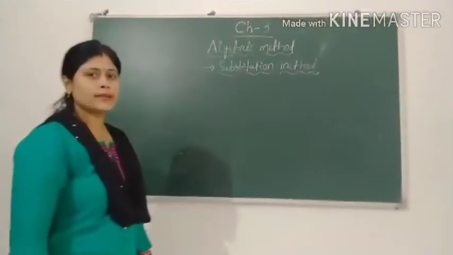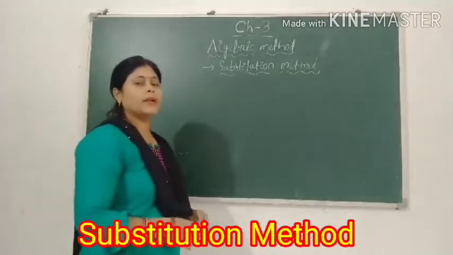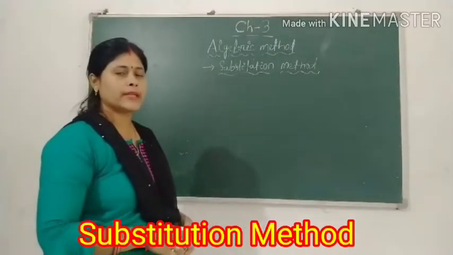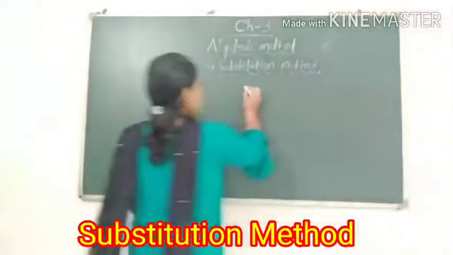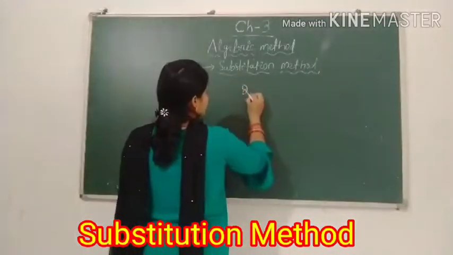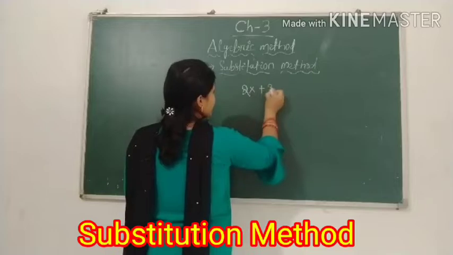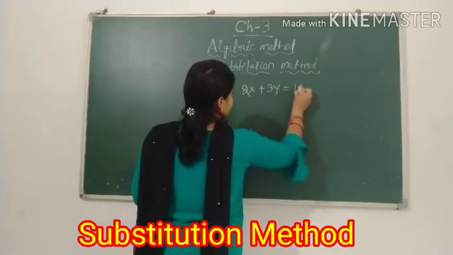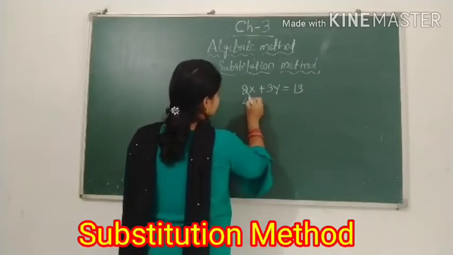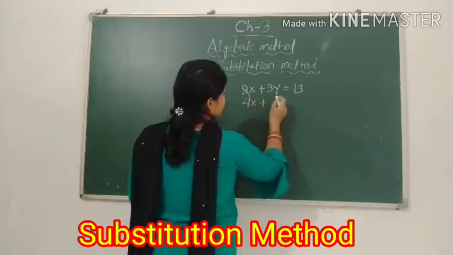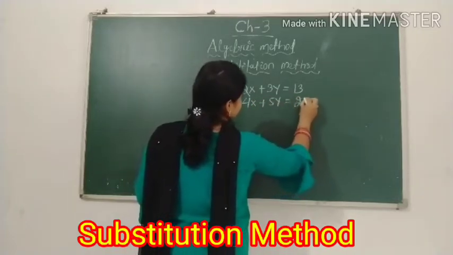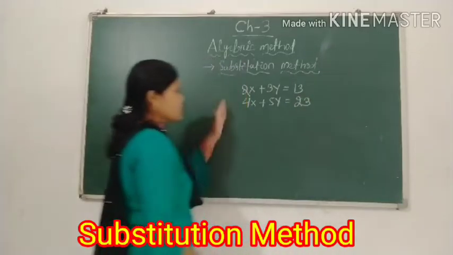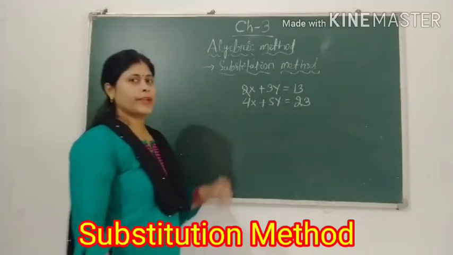We are going to discuss the substitution method for solving a pair of linear equations in two variables. Here I am writing two equations. These are linear equations with two variables.